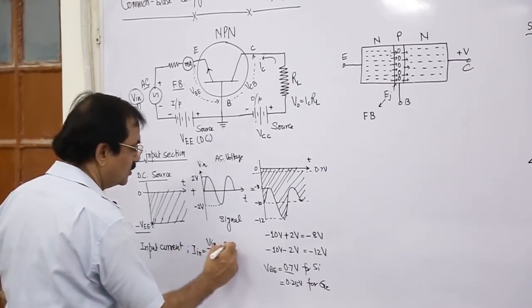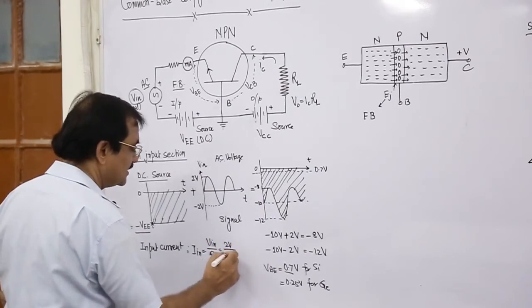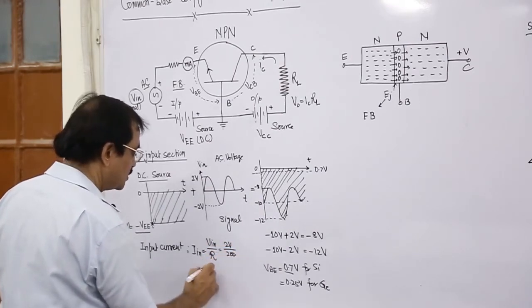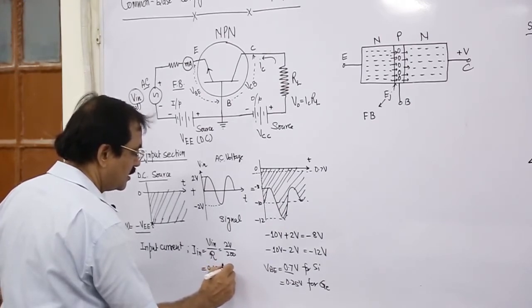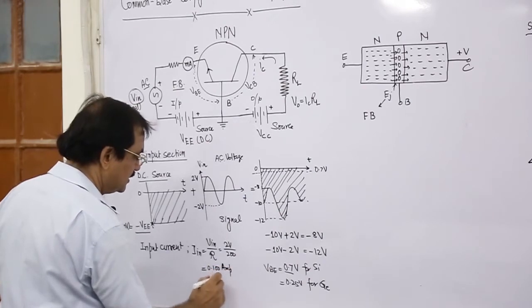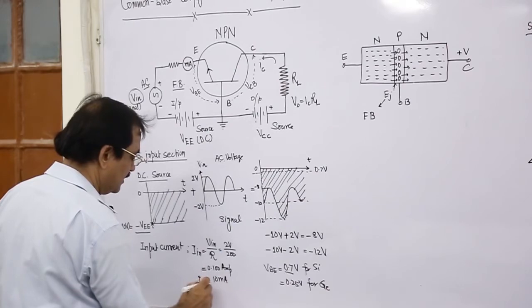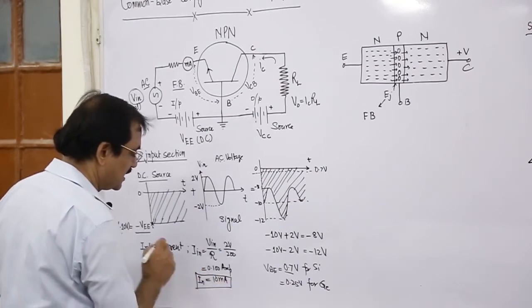This is 2 volt and this is 200, so it is 0.01 ampere, that is 10 milliampere. This is I_in.